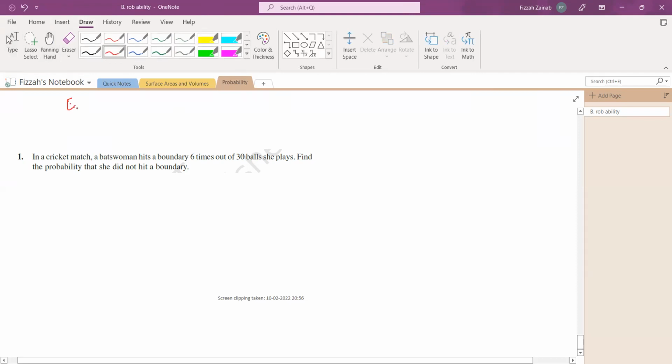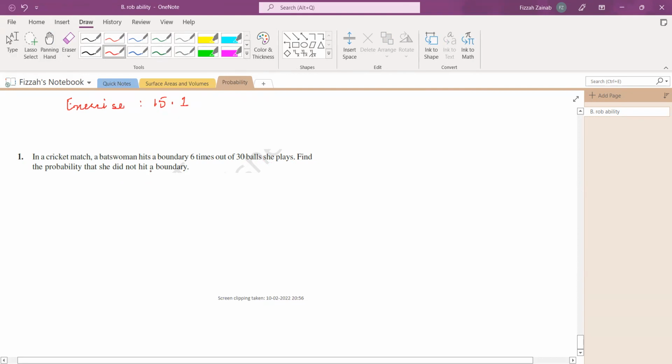Okay, so this is now your exercise 15.1, right? Now, in a cricket match, a batswoman hits a boundary 6 times out of 30 balls she played, right? Find the probability that she did not hit a boundary.